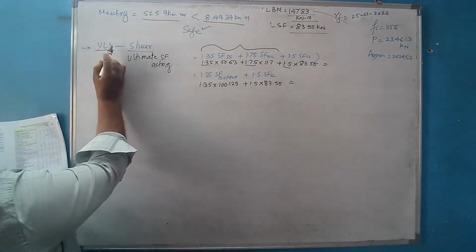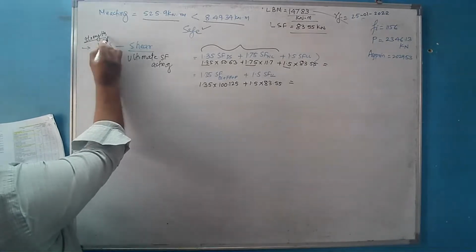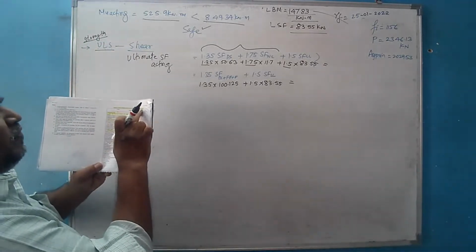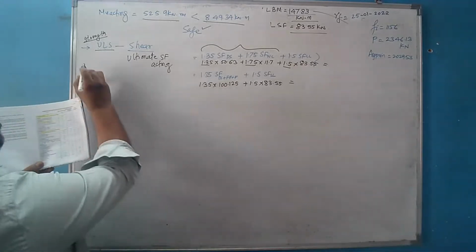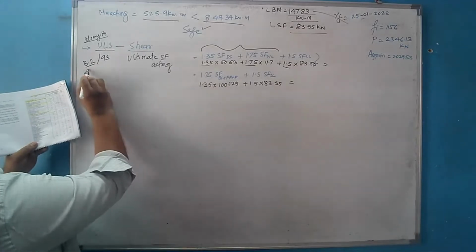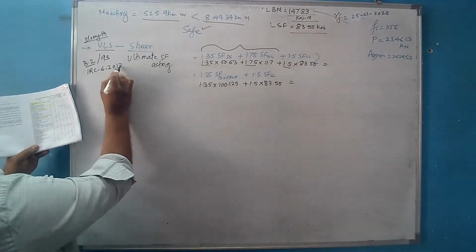Whenever it is ultimate limit state, it means that we are talking with reference to the limit state of strength. So the partial safety factor for verification of structural strength is in Table B2. यहाँ मिलेगी, it is on page number 93 of IRC 6, 2017.